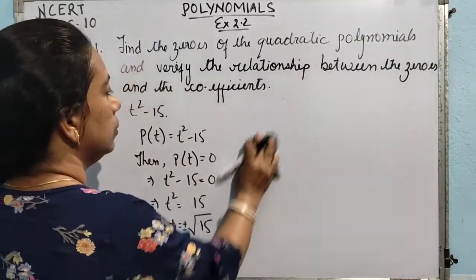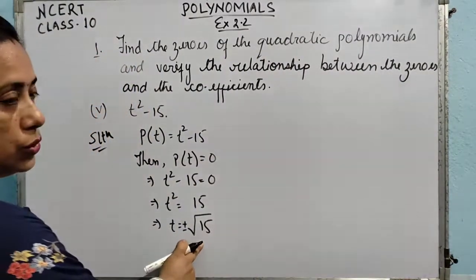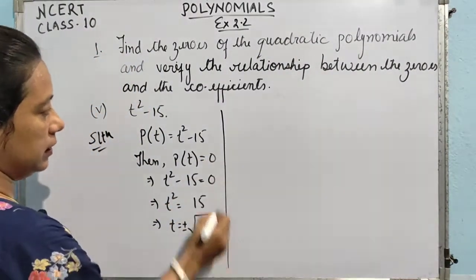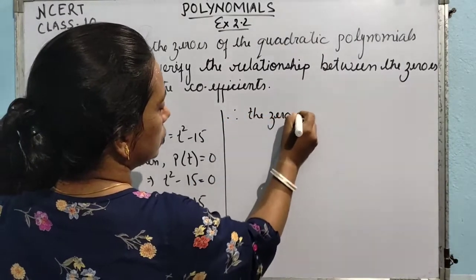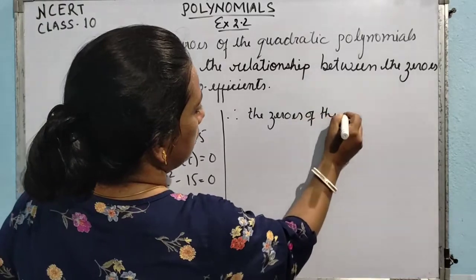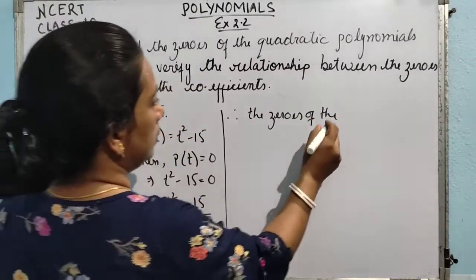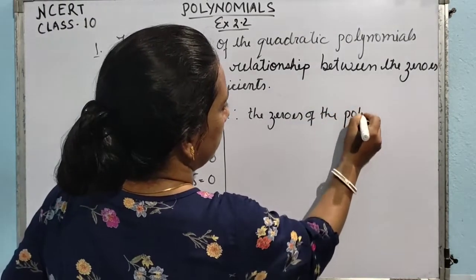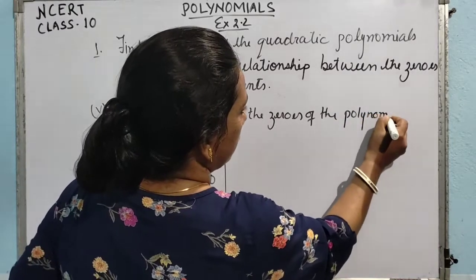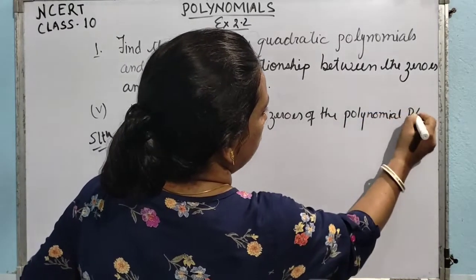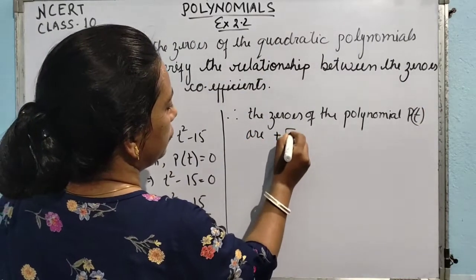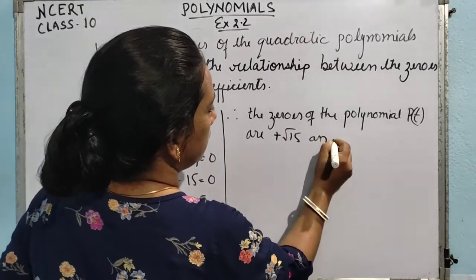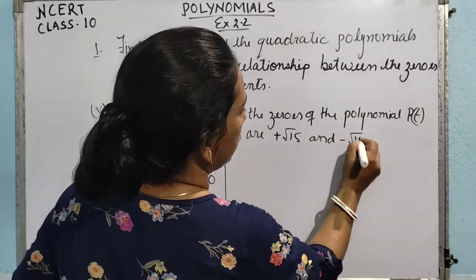Okay, so we have got the two zeros, isn't it? Therefore the zeros of the polynomial p of t are plus root 15 and minus root 15.